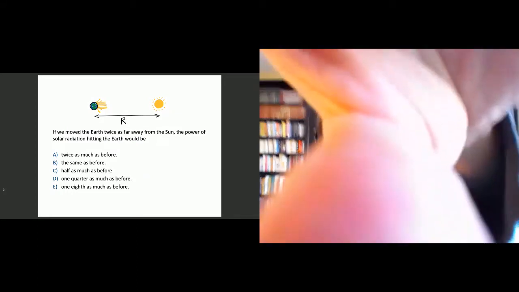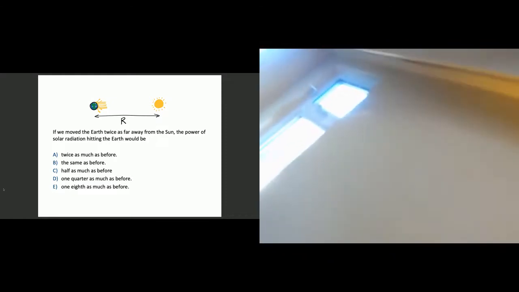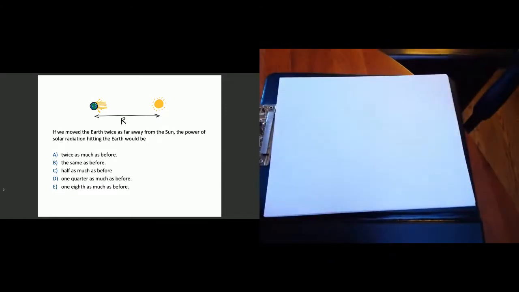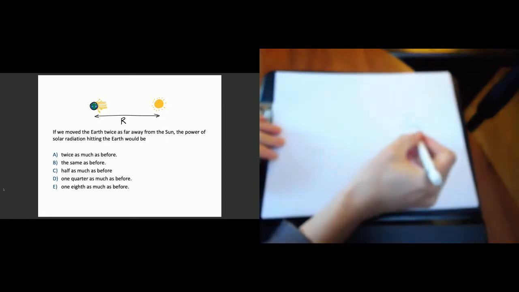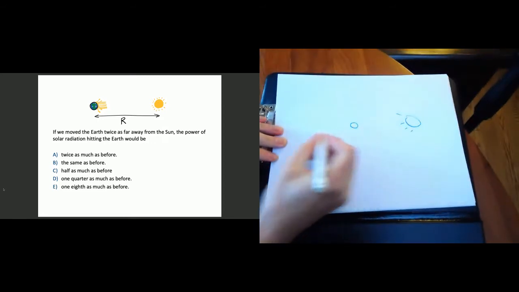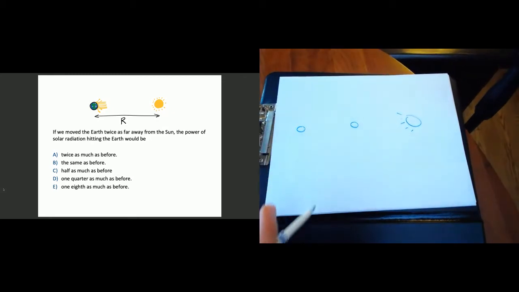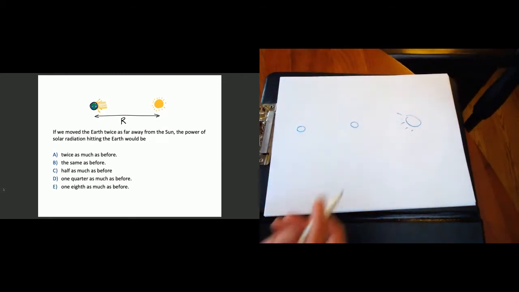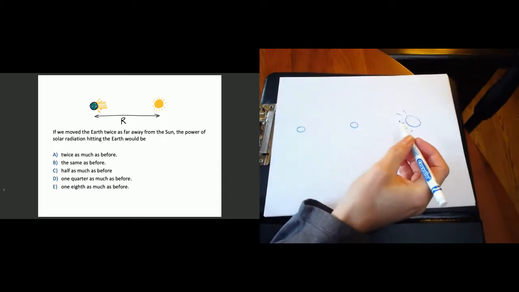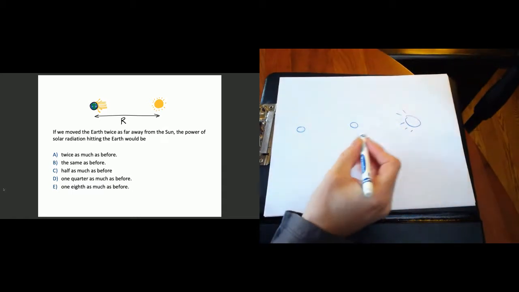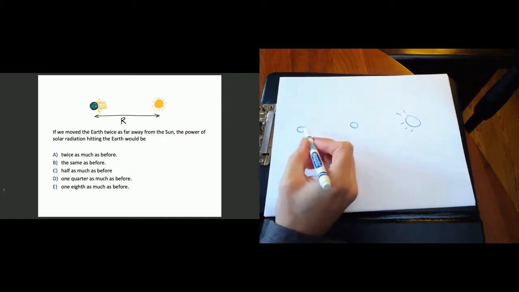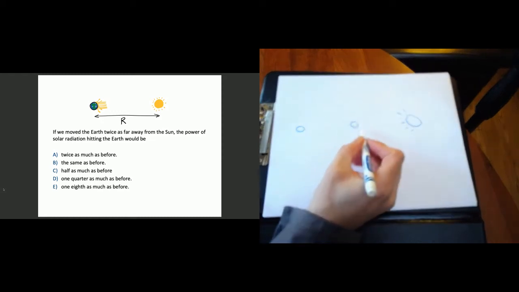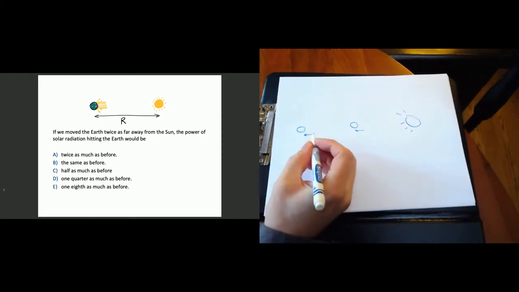All right, here we go. I'll draw a picture. We think about the sun, we think about the Earth, and then there's this alternative where the Earth is twice as far away. The point of this question is that the Earth isn't really changing size, so what's important here is really the intensity of the solar radiation.